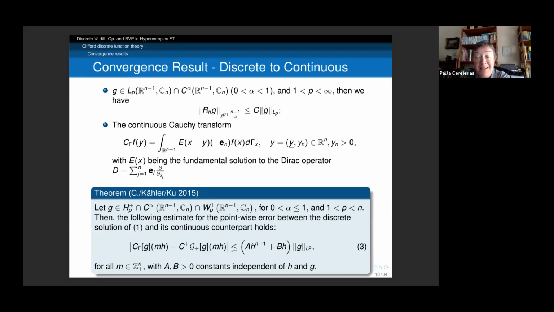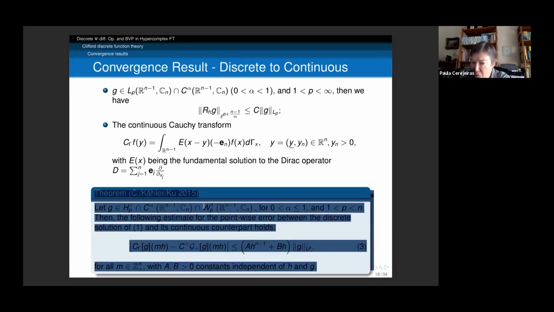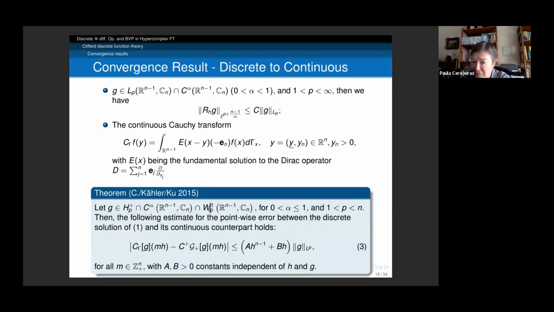In order to obtain this estimate, you have also to have some measure of control on the derivatives of the continuous function. It's not enough that they are in the Hardy space and Holder, you need to have some measure of control on these first derivatives. And the estimated error will always be of degree h.